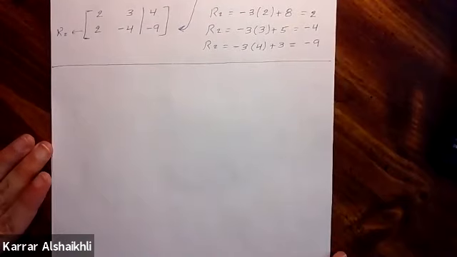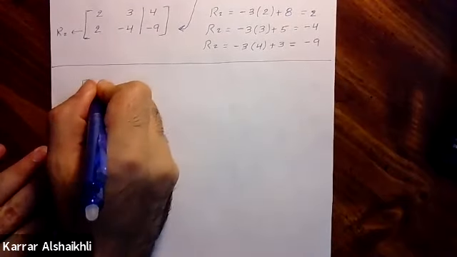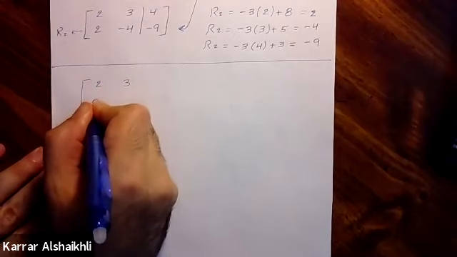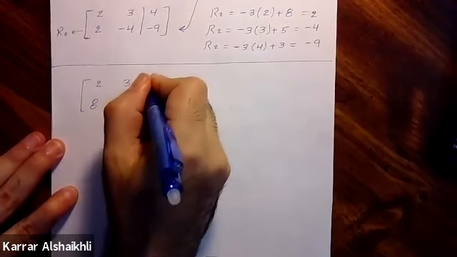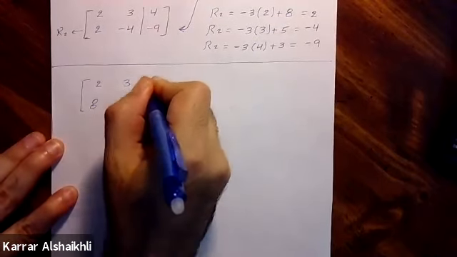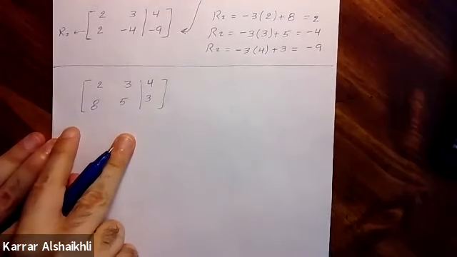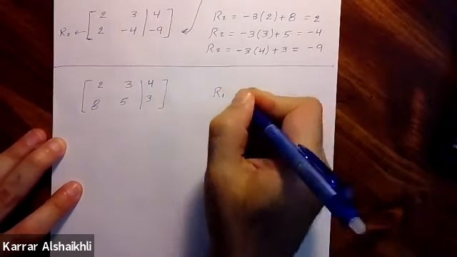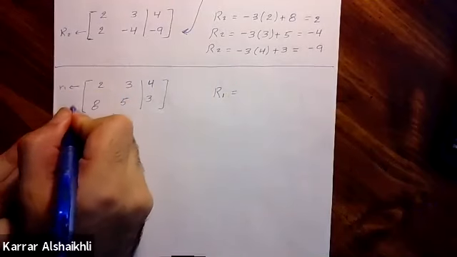I'm using the same matrix. 2, 3, 8, 5, 4, 3. So they give you this matrix. And now they're telling you, I need you to get a new R1. This is the old R1.